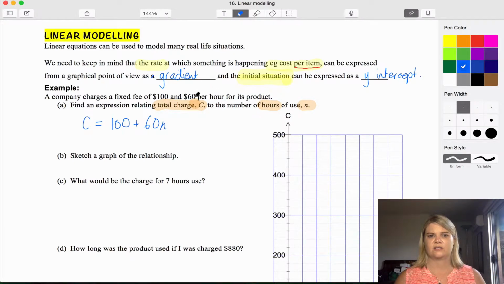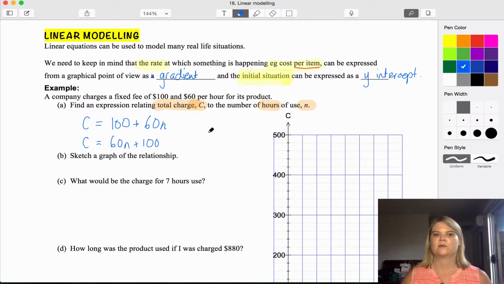How much would I get charged? It would be 60 times 5 plus the $100 flat fee. So that's how you've ended up with that. We could also write this equation in our y equals mx plus c form as 60n plus 100. Same equation, doesn't matter which way round you write it.